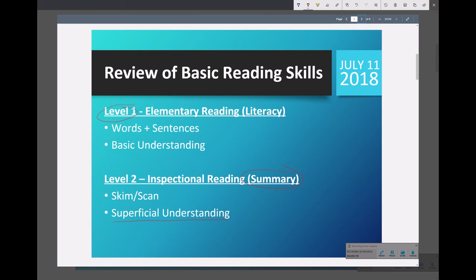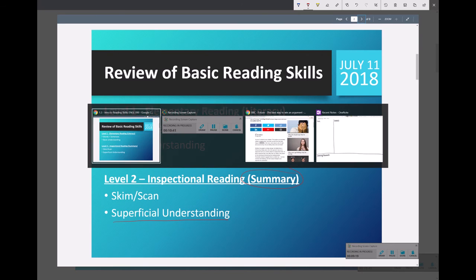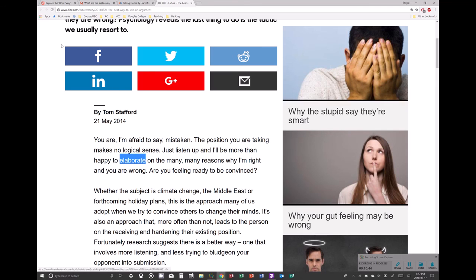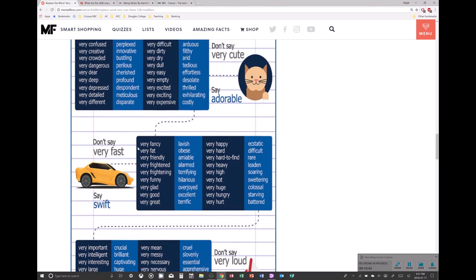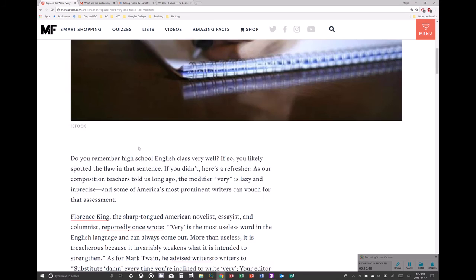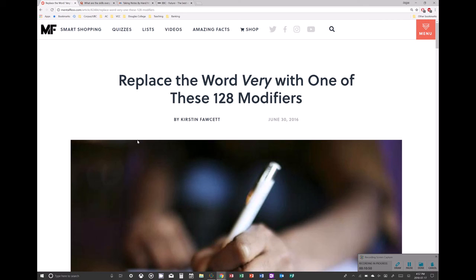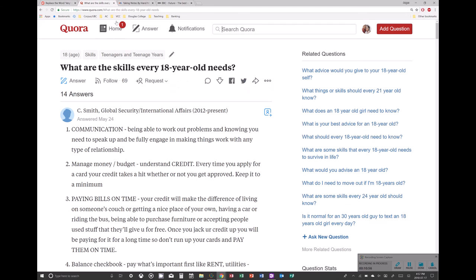Level 2 reading might look like this. So, I have 4 articles. The first one talks about replacing words with more specific words called modifiers. The second article talks about skills that every 18-year-old needs.